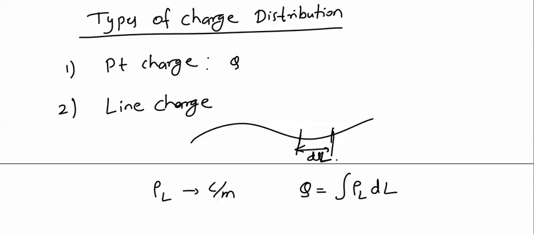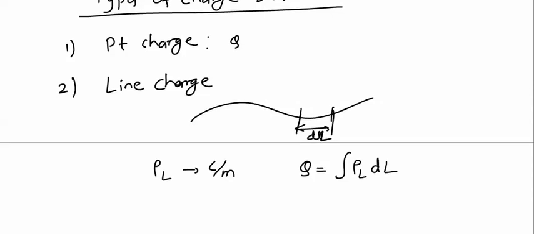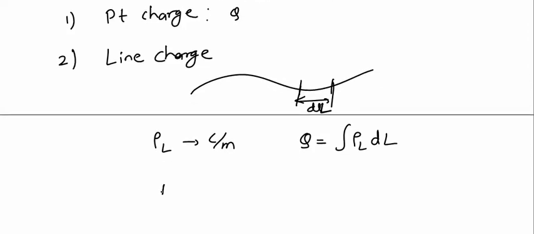If I integrate rho L over the entire length, then I'll get the total charge possessed by this line charge. Now the electric field formula which we have seen earlier can be modified for line charge as E vector is equal to integration rho L dl divided by 4 pi epsilon naught r square into AR vector.